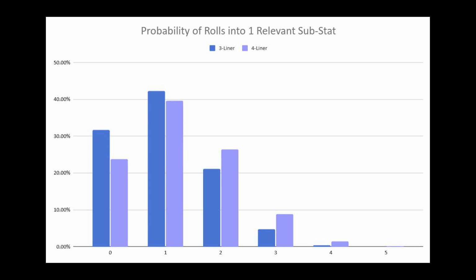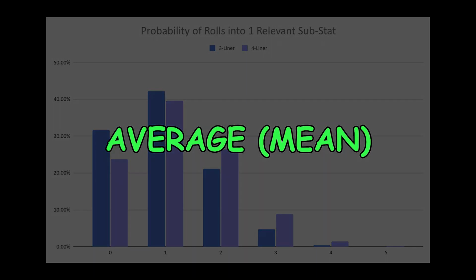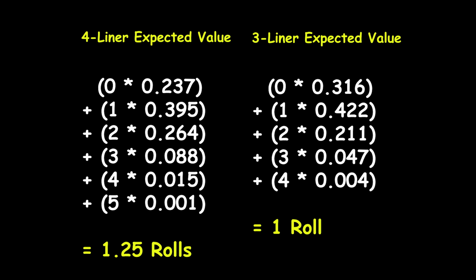While the most common outcome is still 1, there is a small difference in the expected value for a 4-liner. We can find the expected value by multiplying the outcome by the probability of that outcome. This will give us 1.25 expected rolls for a 4-liner compared to only 1 expected roll for a 3-liner.